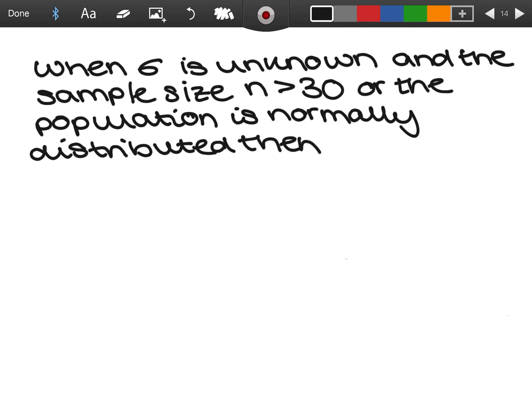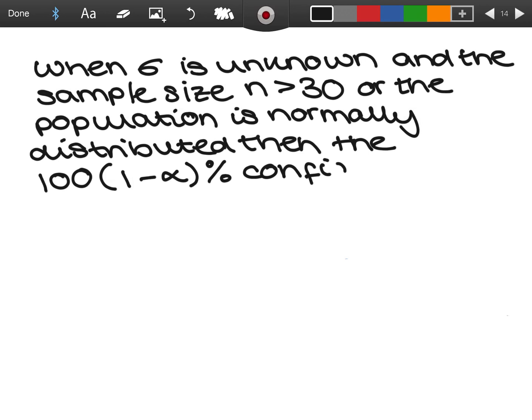Then I'm going to create this confidence interval again, and it's going to have some weird notation just like last time. But it's going to act in very much the same way.